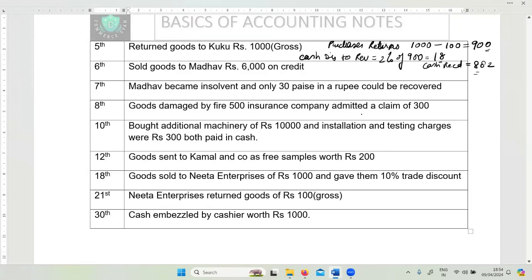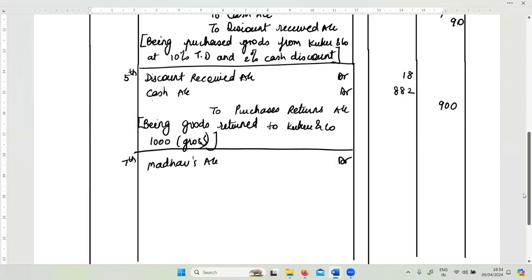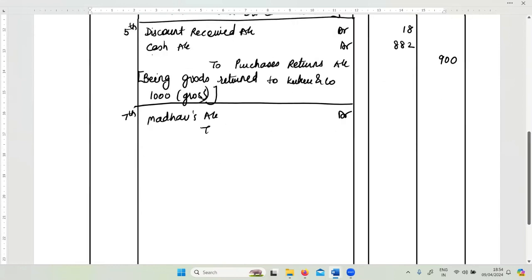The amount that we have is 6,000, correct? So both sides, debit and credit, I'm going to write 6,000. And being goods sold on credit.